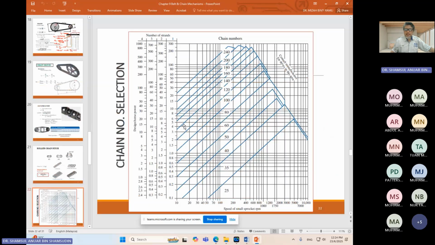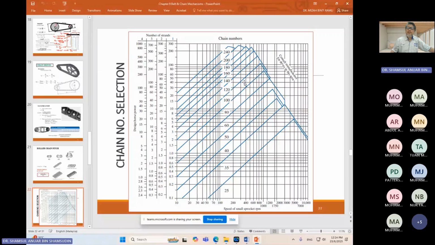So it says 40 horsepower, single strand 40 horsepower. So this one, and then 360. So this is 300. So somewhere here. So go up until you get to 40. So 40 is here.